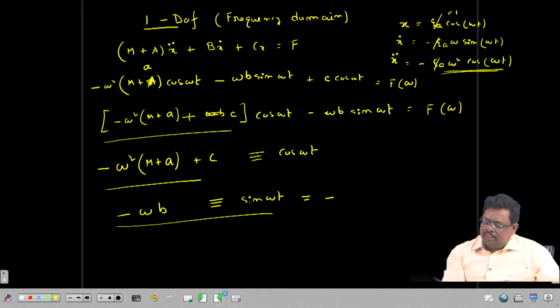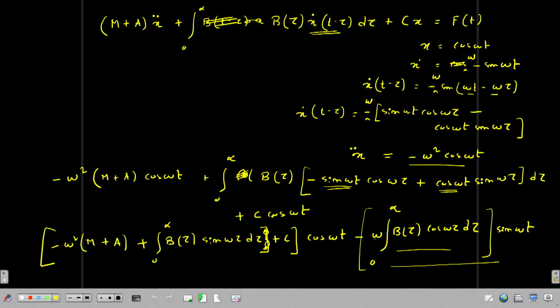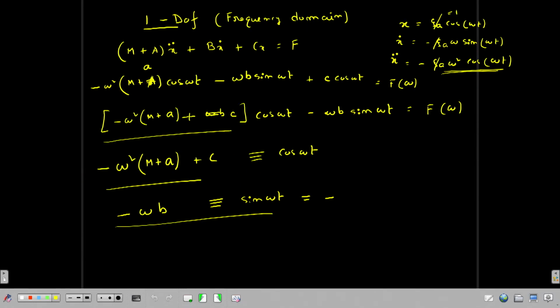It is minus omega b tau into this term, right. So, I simply write it as minus omega into integral from 0 to infinity of b tau, with cos omega tau d tau.